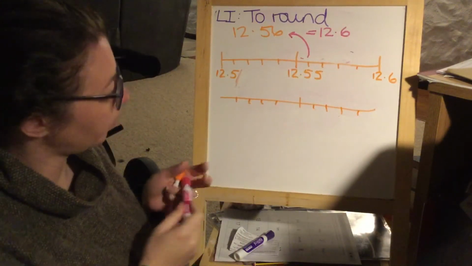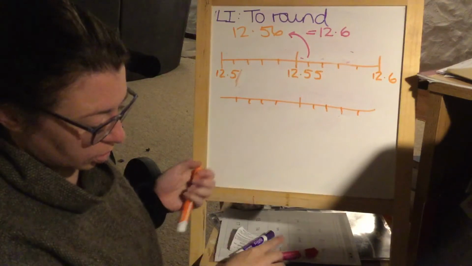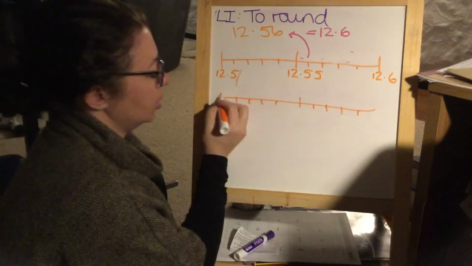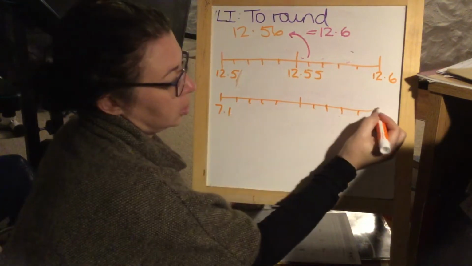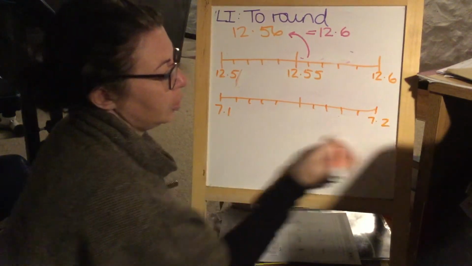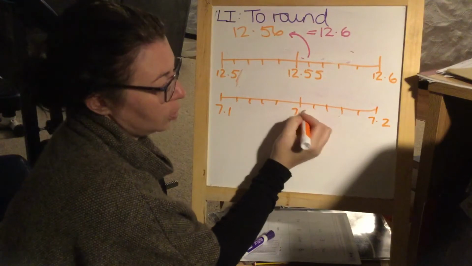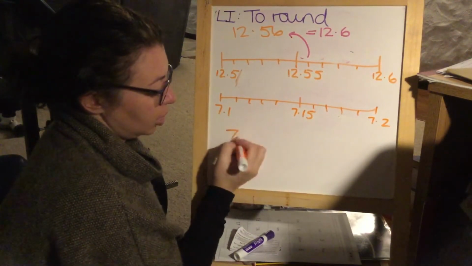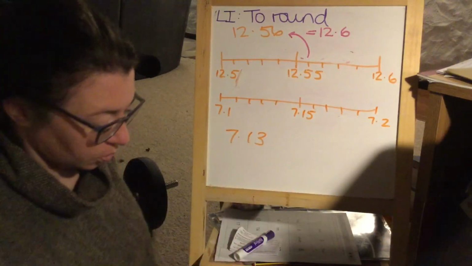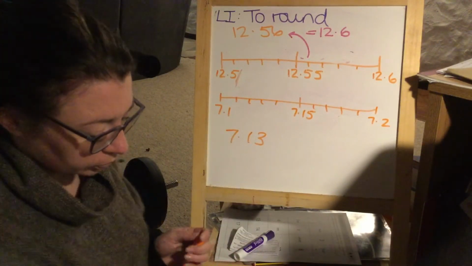So we'll do one more. We'll do 7.1 and 7.2. So 7.15 is going to be our midpoint, and the number that we are looking at is 7.13.